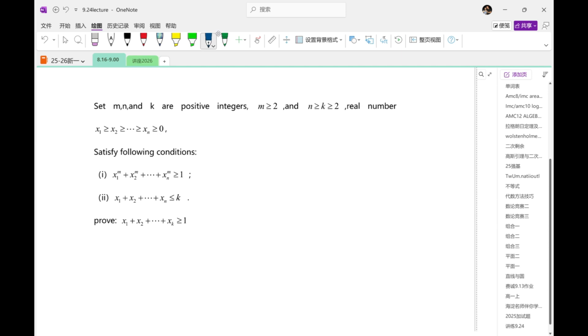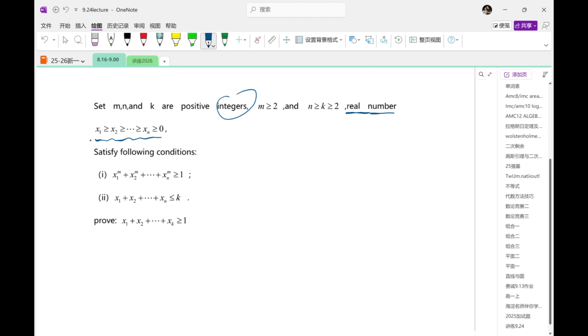m and k are integers, and the real numbers x_i form a decreasing sequence, all larger than 0. They satisfy the following conditions.